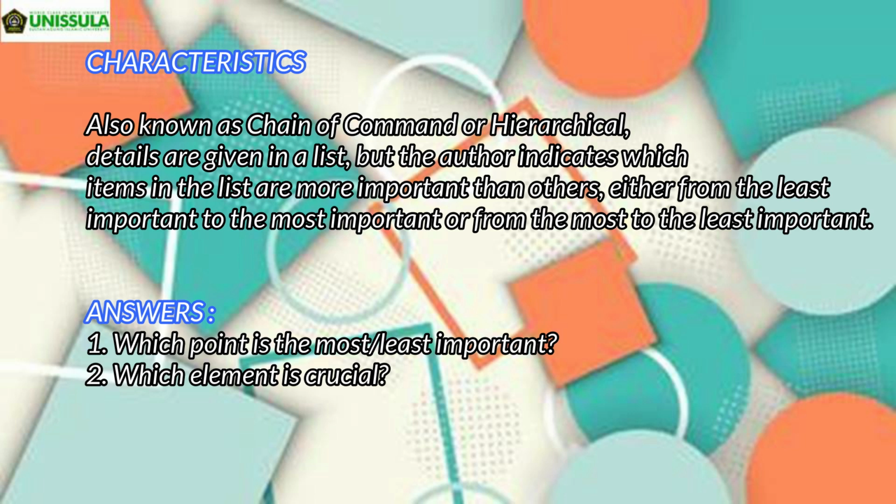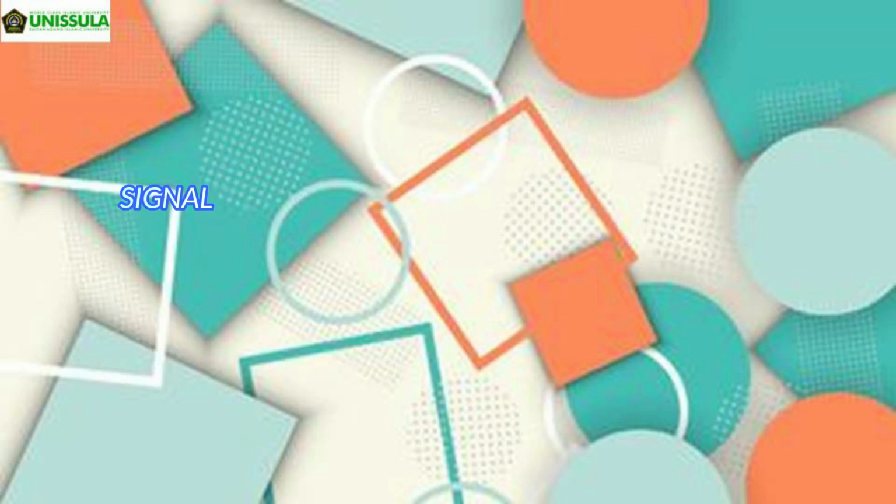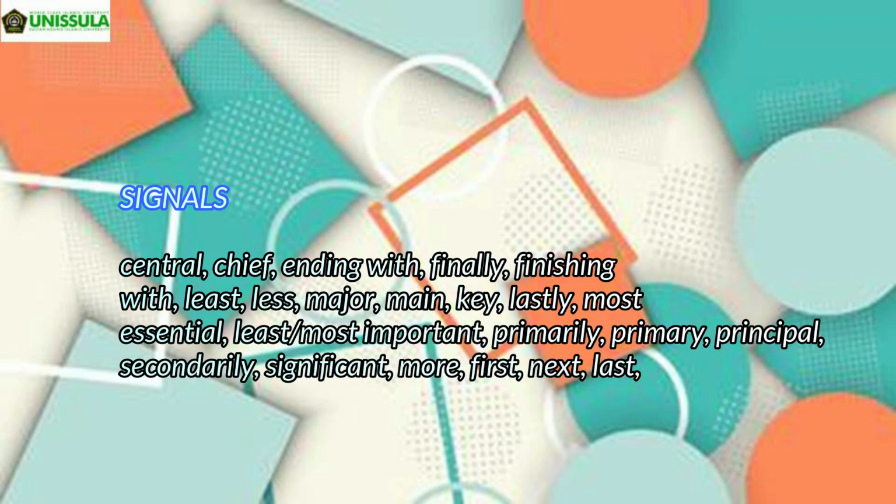Okay, and this pattern will answer the two questions here. The first question is which point is the most or least important? The second question, which element is crucial? Okay, and then you can look at the signals for this pattern from central up to last.